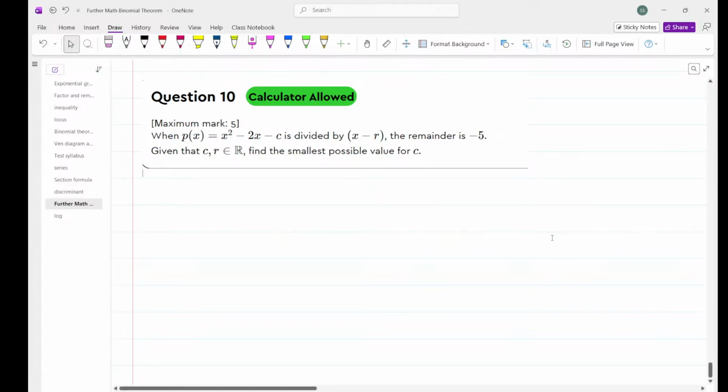So x is equal to r. The remainder is minus 5.